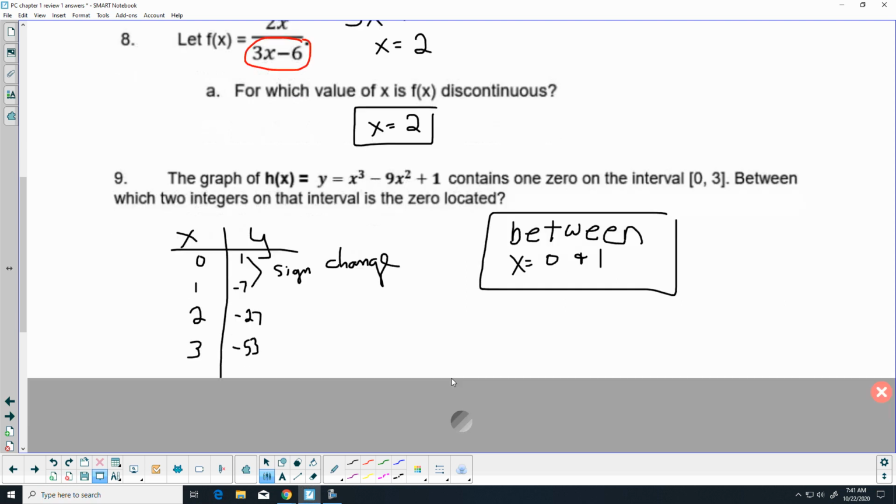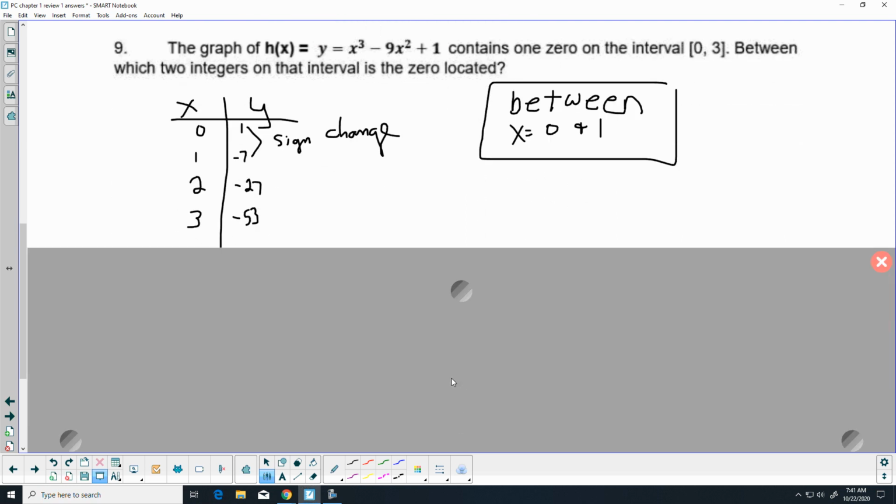All right, on 9, there is going to be some problems like this. So the graph of, I got fancy and I put the function notation and y. I'm not sure why I did that. x cubed minus 9x squared plus 1. And they give you an interval. This is not an ordered pair. It's saying between x equals 0 and 3.